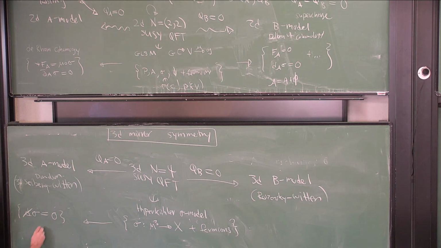But since you're in 3D, you can describe your spinors in terms of quaternions. So if I had a framing on my manifold, this is the same thing as saying that i d/dx plus j d/dy plus k d/dz of sigma is equal to 0.